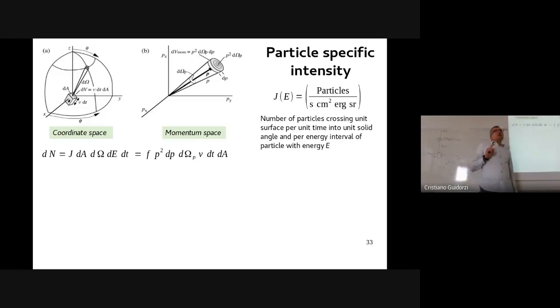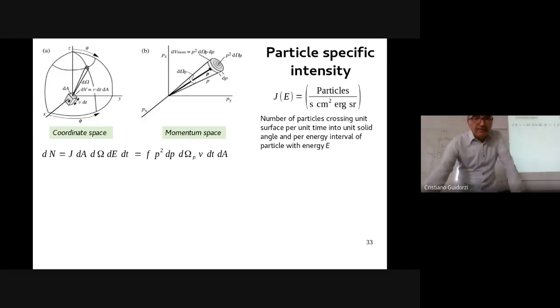But you see, you can also express the very same quantity as a function of the particle density distribution, F. So this will be F times what? Times the corresponding elementary volume in the phase space. Well, F is dN over dV, so dN is F dV.